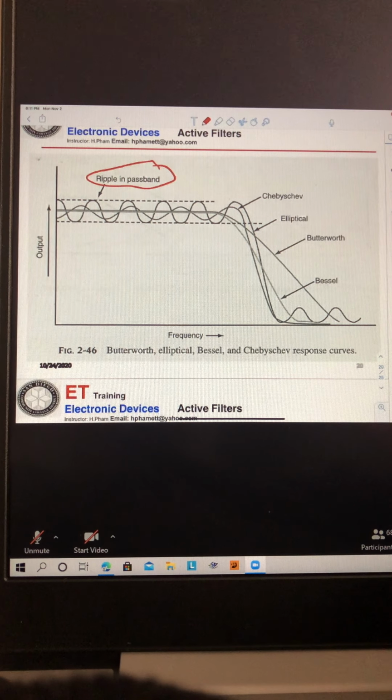The good one is first of all the one that tries to get close to ideal. That means it gets close to here. However, it has to have less noise. So the first one, elliptical, is not good, right? The thing is they get too much noise.